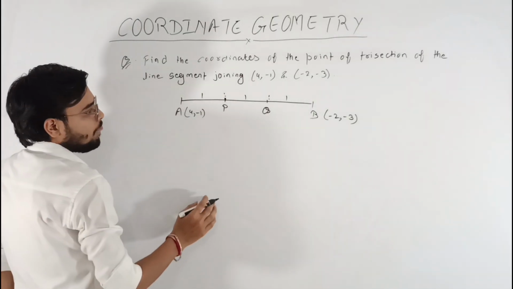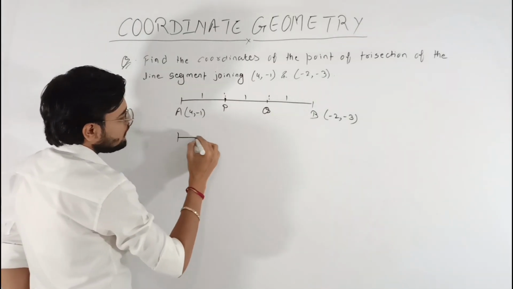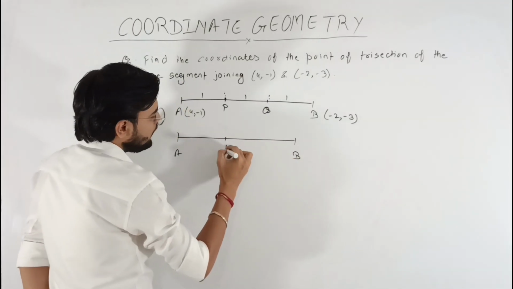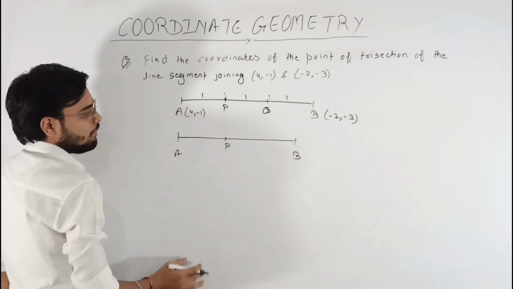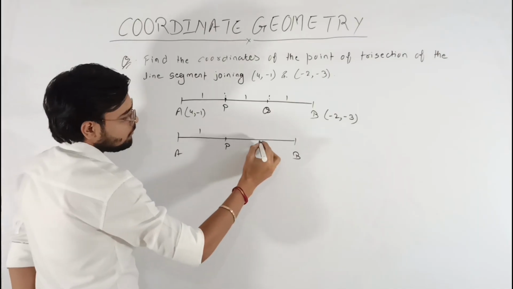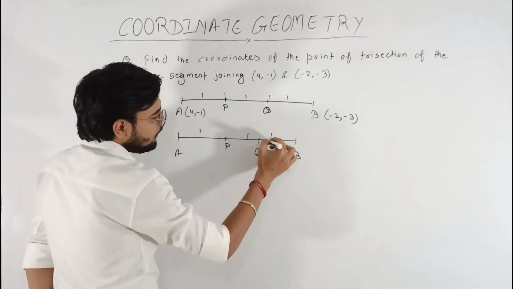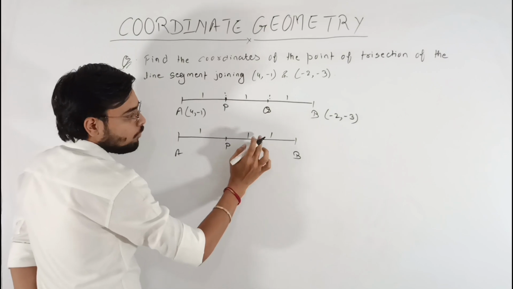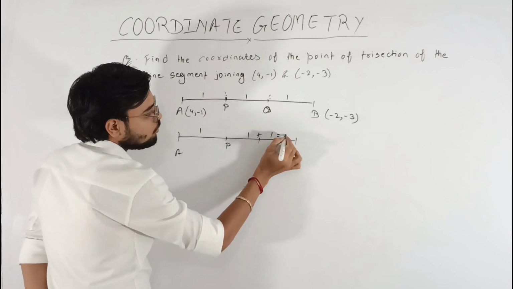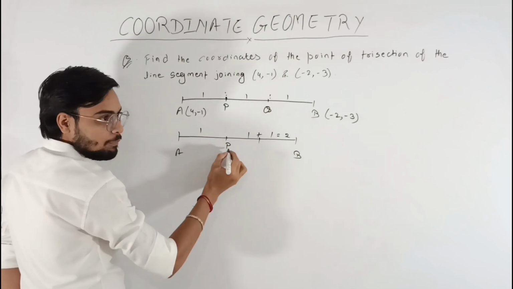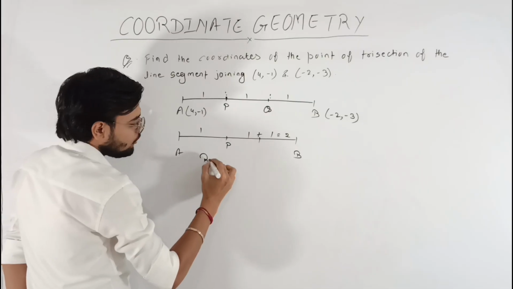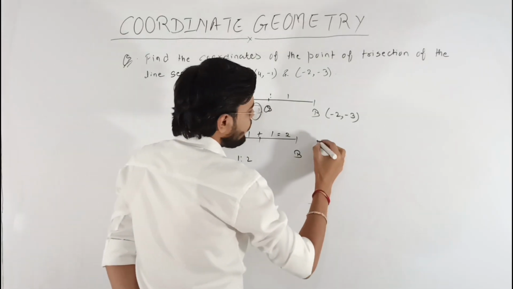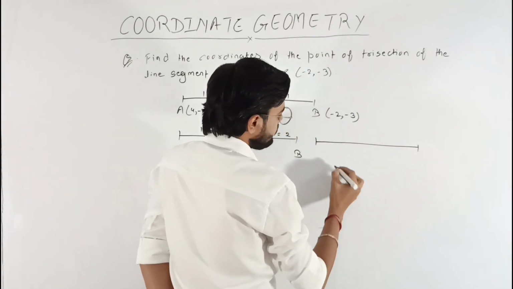Now look for point P. If I hide Q, suppose this is my line AB, okay, and this is my point P. I hide Q for some time. Then this is 1 and this is Q, 1 and 1. Okay. Then if I hide this Q, then this ratio becomes what? 1 plus 1 is equal to 2 and this ratio is 1. So point P divides line AB in ratio of 1 is to 2 and same point Q divides line AB.